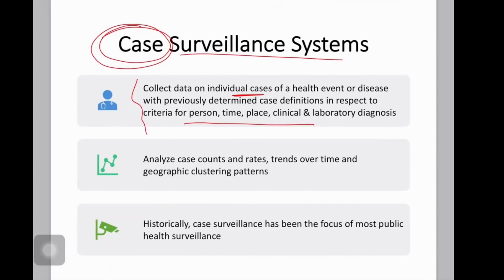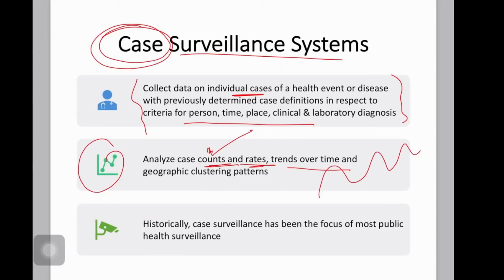For example, if we get a measles spread, or any new or emerging disease, or we get cases reported, then going there, collecting the data at the individual level, with a predefined category, with predefined criteria, right? And then analyzing the case count, rate, how it's progressing, frequency, then the trend over time, right? So the geographic clustering, this kind of information we do with case surveillance.